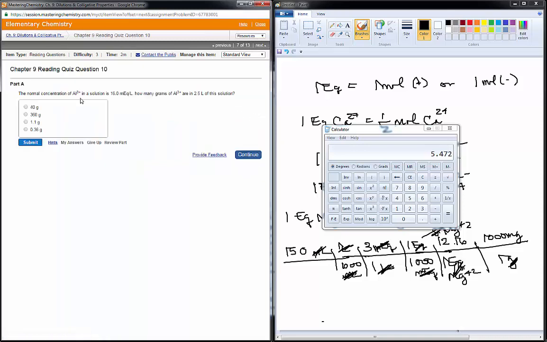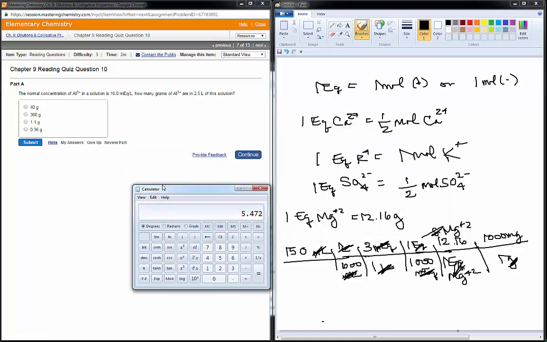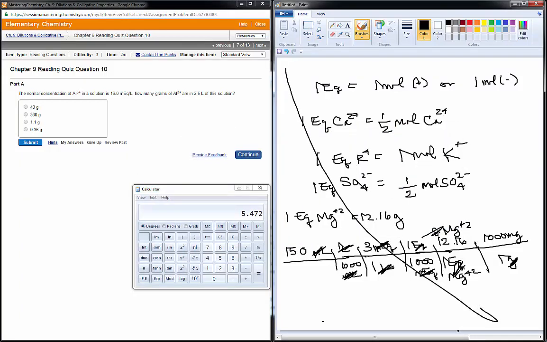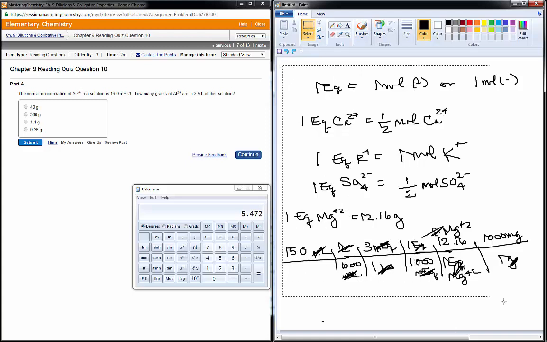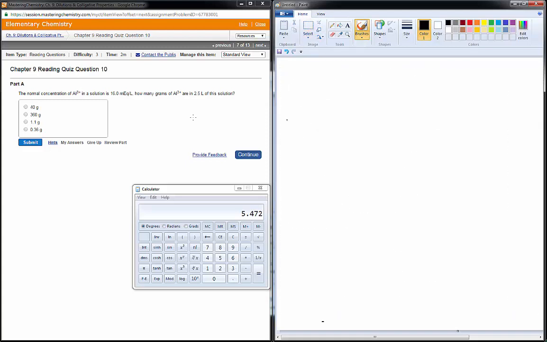All right, this next question is very similar, but now it's multiple choice, and of course that's the format we're going to see on the exam. If the normal concentration of aluminum is 16 milliequivalents per liter, then we want to know how many grams of aluminum are in 2.5 liters of the solution. 2.5 liters at 16 milliequivalents per liter.